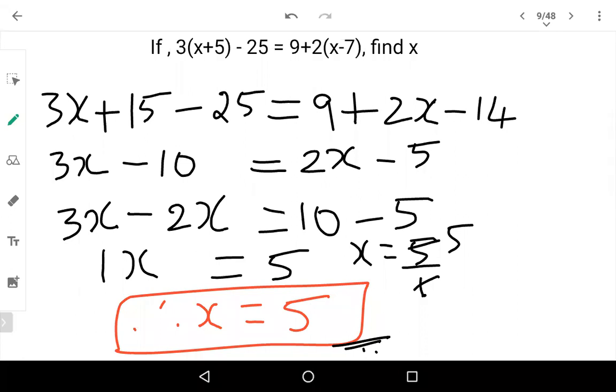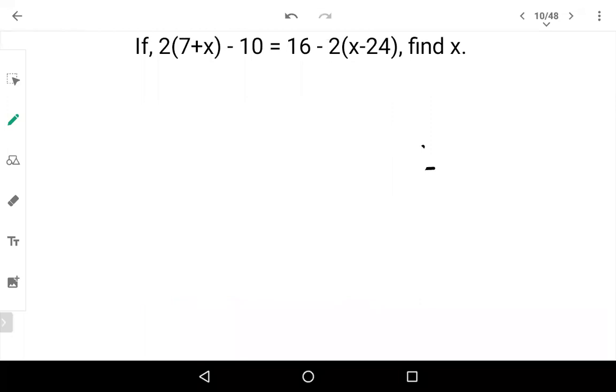Can we go for the next problem? Okay, so this is the next problem. Why I'm doing so many problems of a similar kind is for you to get familiar with multiplication in the equation, because throughout this chapter and also in other chapters when we get equations, we are going to multiply them.